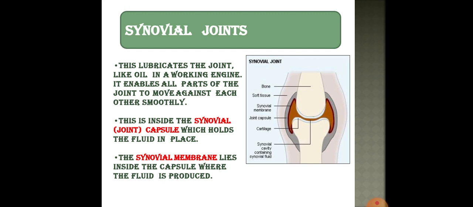It enables all parts of the joint to move against each other smoothly. Inside the synovial joint, capsules hold the fluid in place. The synovial membrane lies inside the capsule, where the fluid is produced.